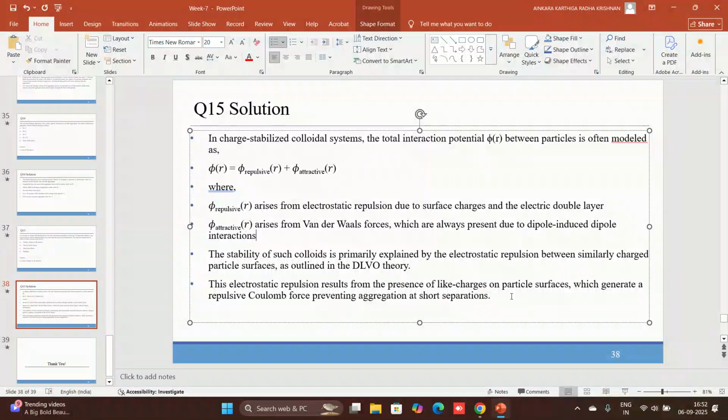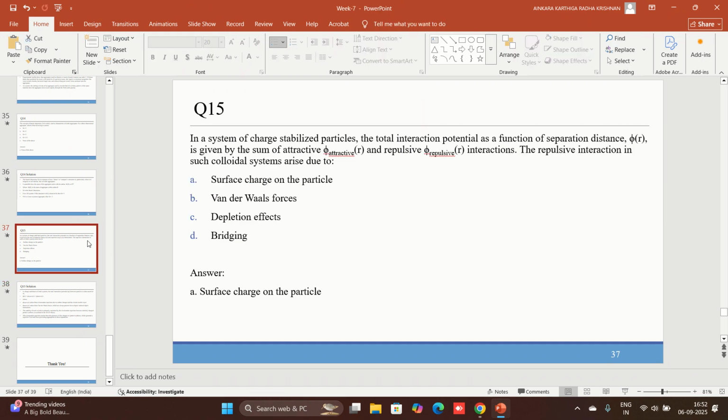When we talk about repulsion, it is because of the presence of like charges on the particle surfaces, and that results in a repulsive Coulomb force that prevents aggregation at short separations, and attraction is due to the van der Waals forces. So that is the explanation for attractive and repulsive forces. In the question it is asked that the repulsive interaction in such a colloidal system arises due to surface charge on the particle. So that is question 15.